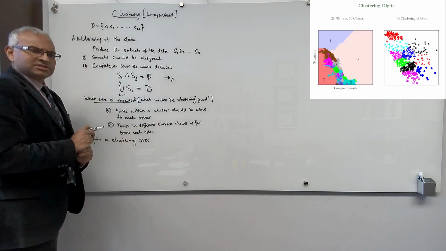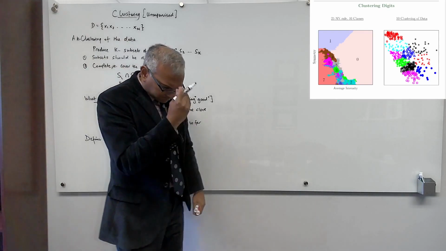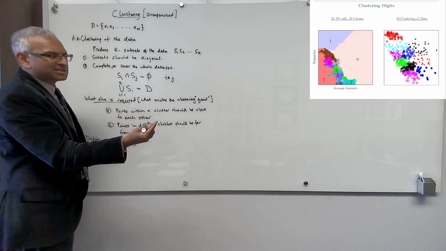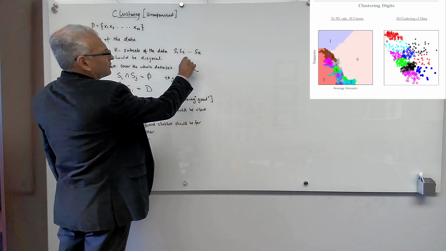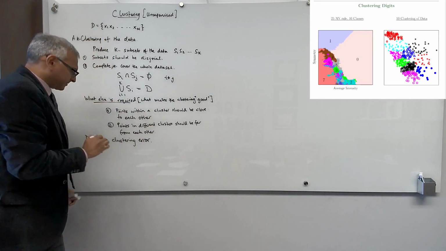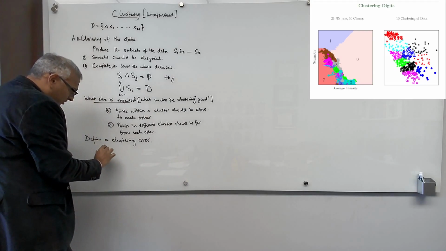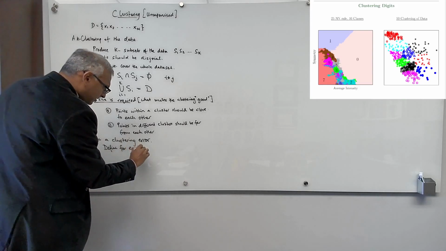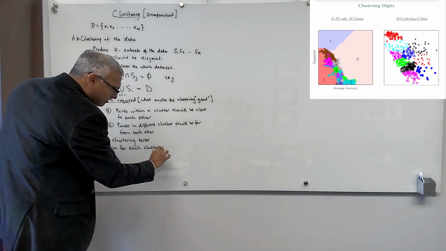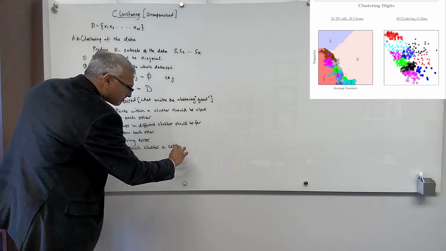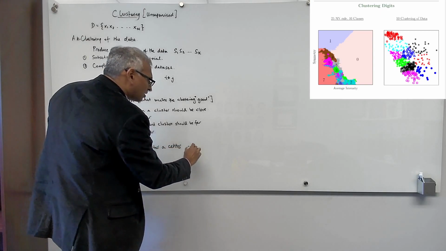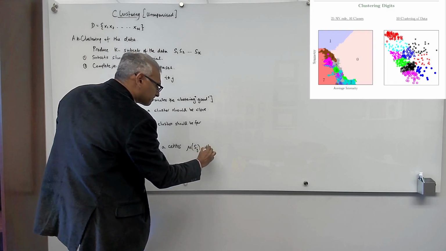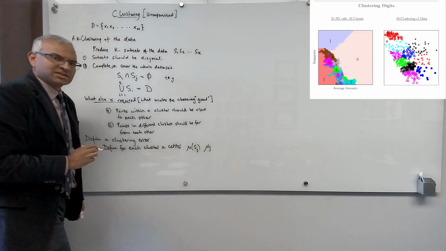We can think of simultaneously defining for each cluster a center. Now we could call it mu of Sj for cluster J, or we'll just call it mu J, to indicate that it's the center for cluster J.